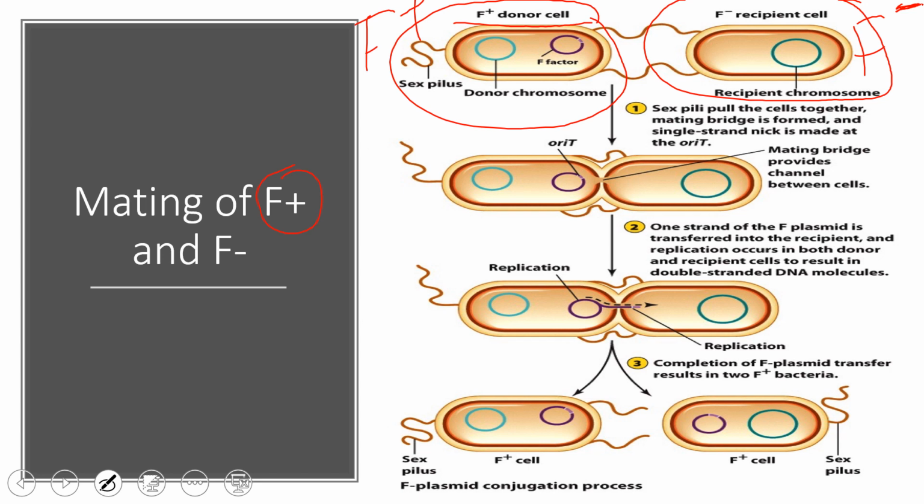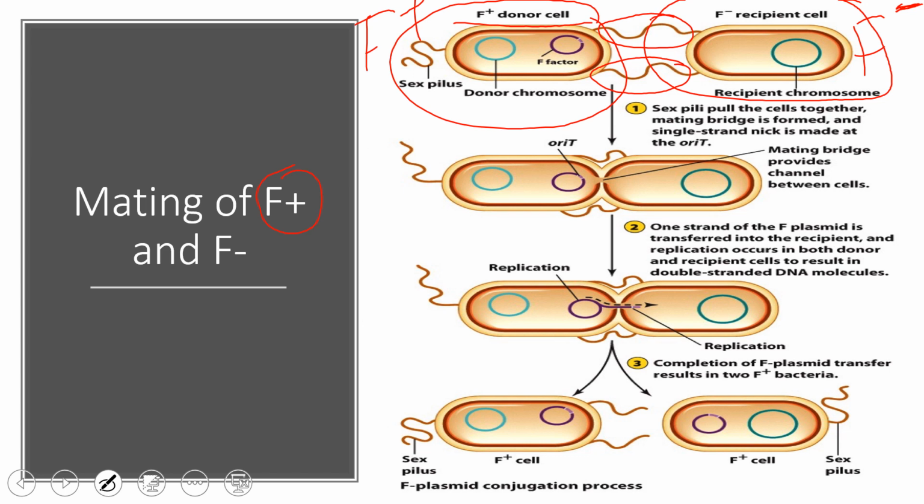The F plus cell makes the sex pili, and these will attach to the F minus cell. After the attachment by the sex pili, the two bacterial cells will contract, and after the contraction, the F factor from one bacteria is transferred to the next.